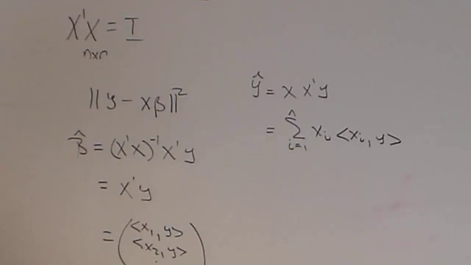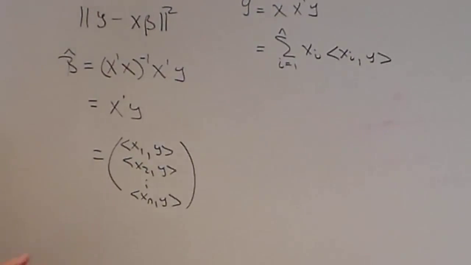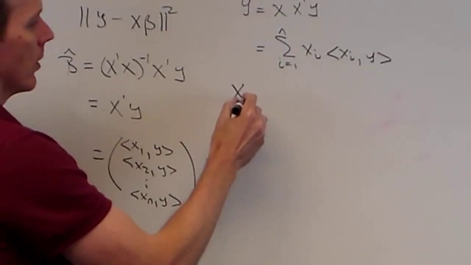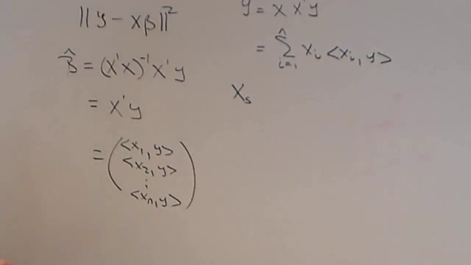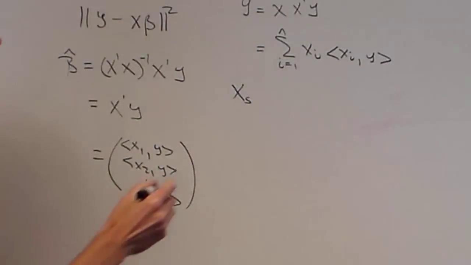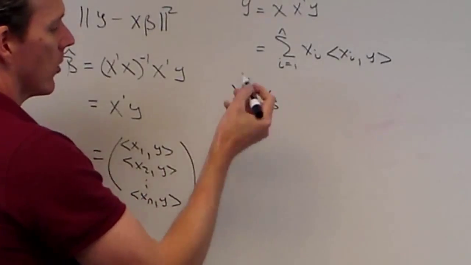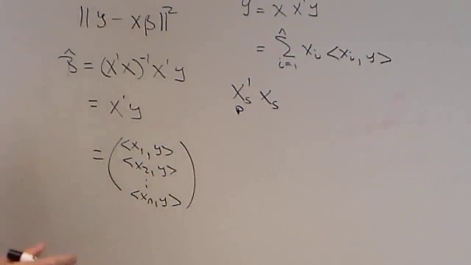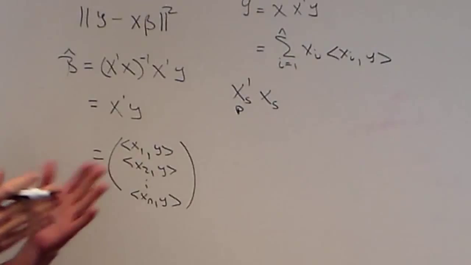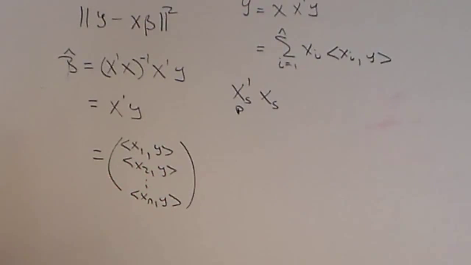Now, what's interesting is to imagine the case where instead of having x, I have just a few columns of x. Let's say x sub s. Suppose it contains p columns, not a random collection, but any subset of the columns of x.